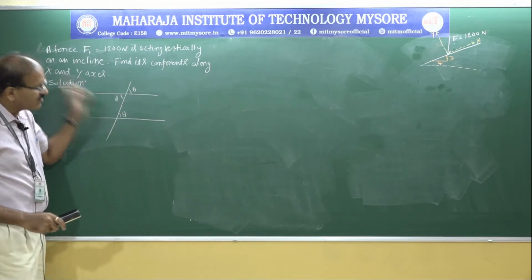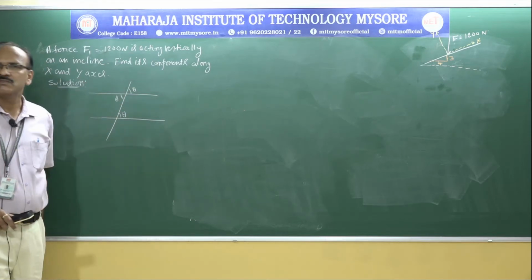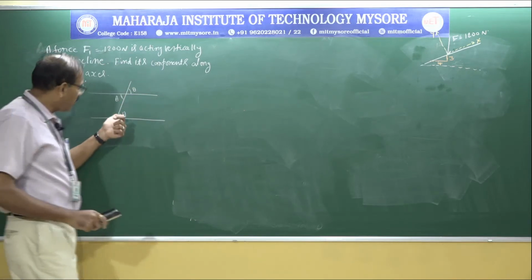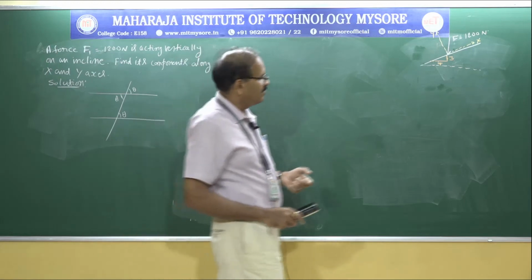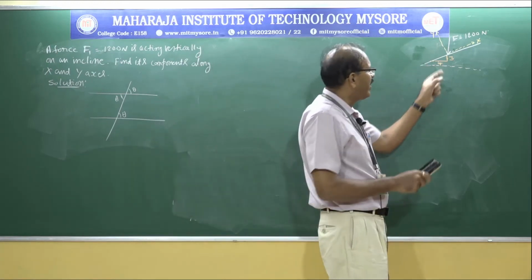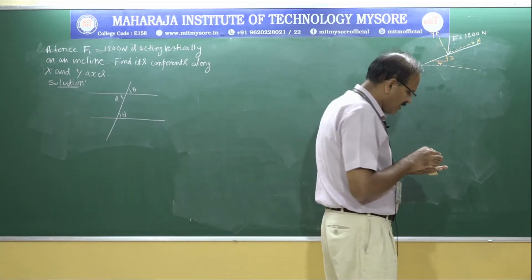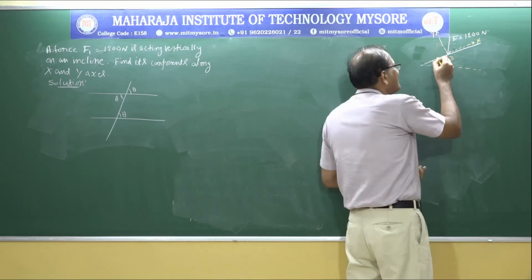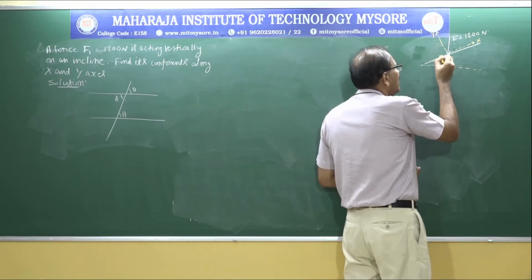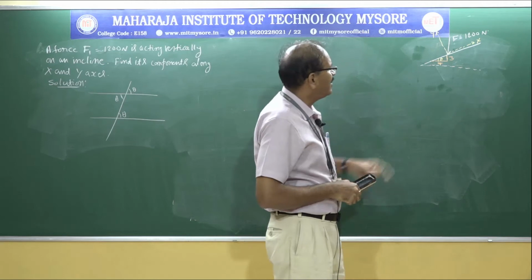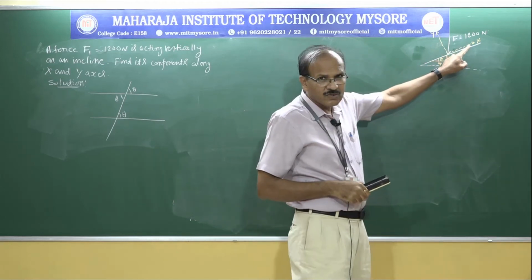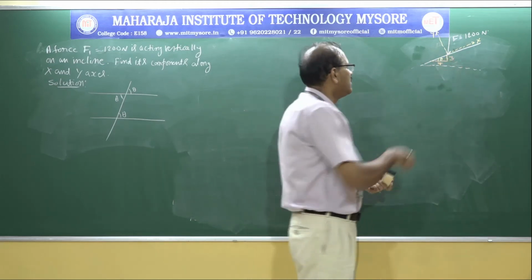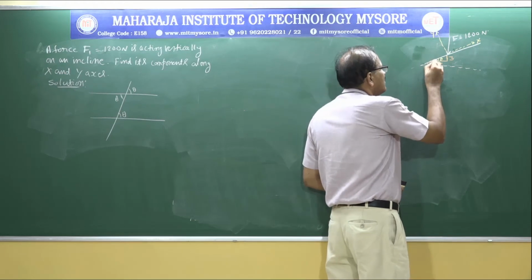I am going to make use of this here. Before going further, I am going to find out what the angle is. If I call this theta, theta is the angle the plane makes with respect to the horizontal.